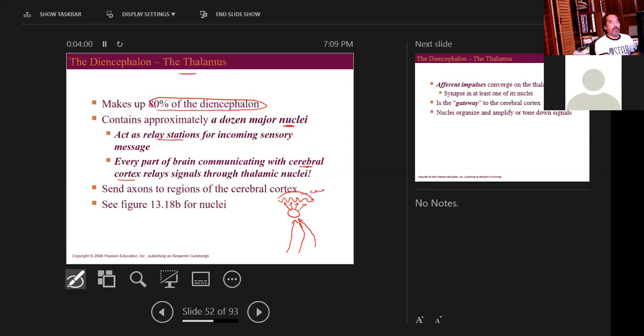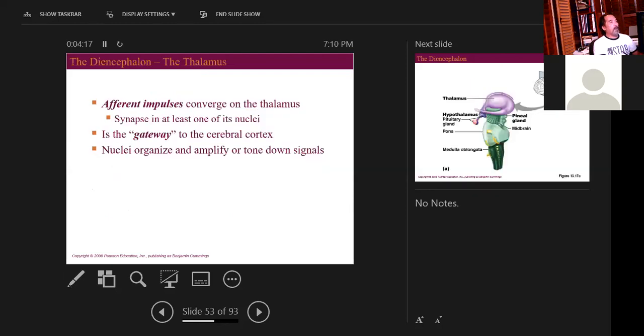So this is the cerebrum, and this is the diencephalon, and the ones at the bottom are sensory messages from the different parts of the CNS. The afferent impulses, and when you say afferent, it's sensory nerves, converge to the thalamus, then they synapse in at least one of its nuclei.